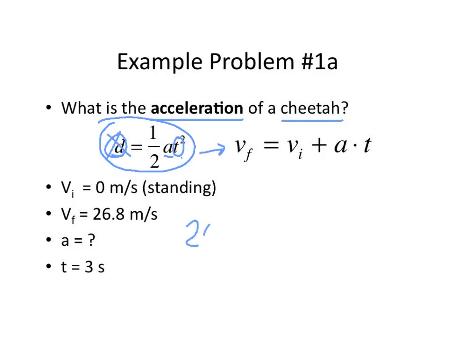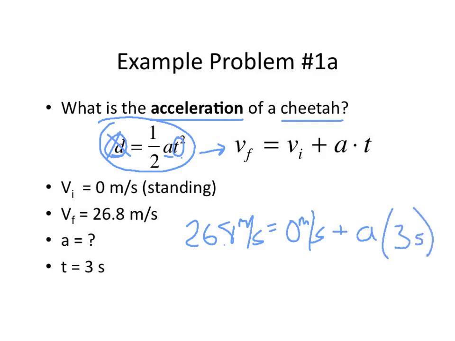VF is 26.8 meters per second. VI is 0 meters per second. Plus A, which we don't know, so I'm just going to write it as A, times T. I'm just going to put it in parentheses next to it, which means the same thing as multiplication.